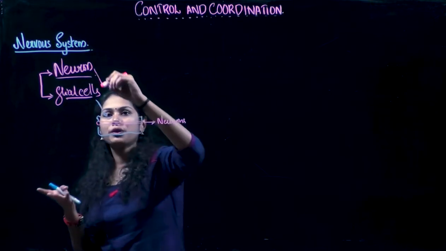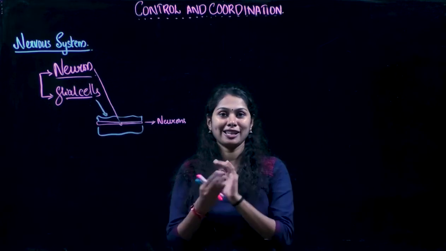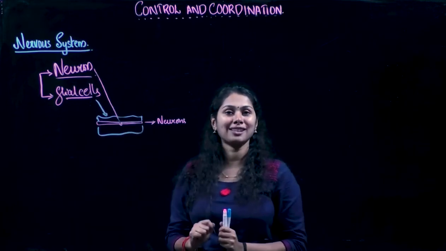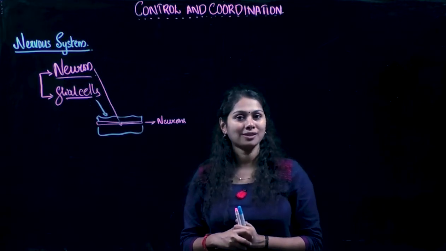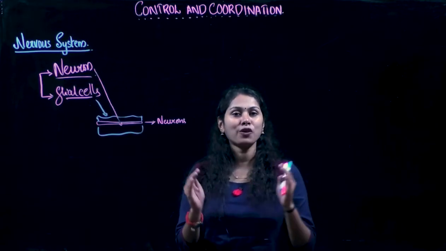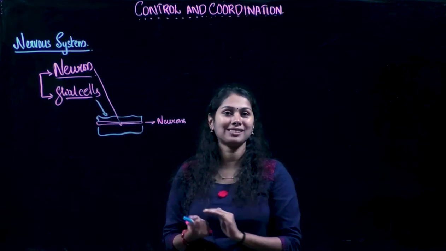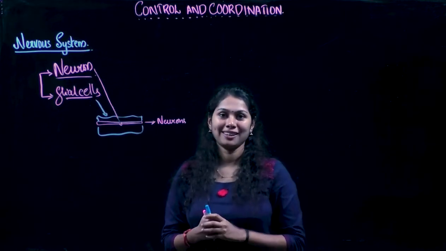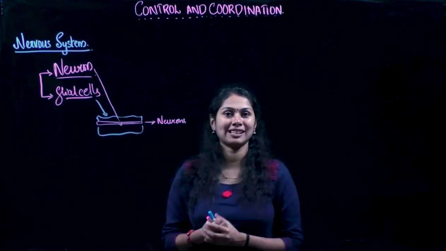So, neurons are always seated deep into the glial cells, so that the neurons, which are the conducting cells, never get damaged. Basically, in humans, once the neurons are formed from the birth, that is from the embryonic stage, the number doesn't change. They never divide and form new neural cells.